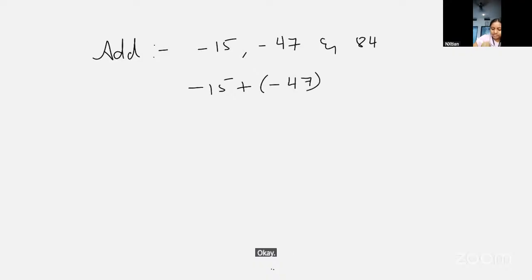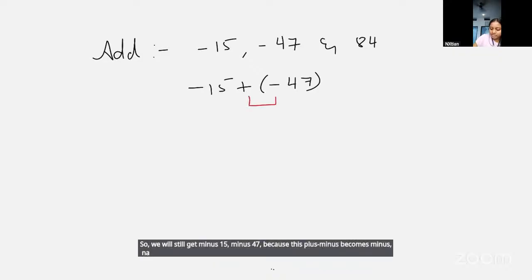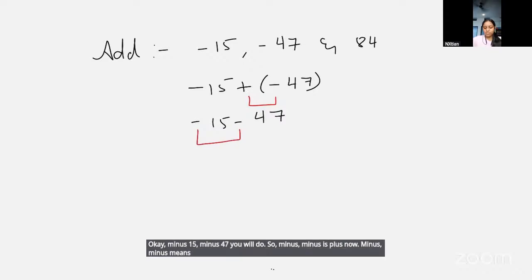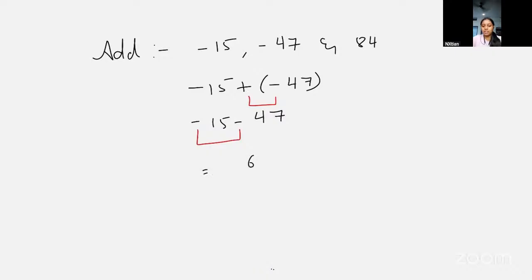So we will still get minus 15 minus 47 because this plus minus becomes minus. Okay, minus 15 minus 47 we will do. So minus minus is plus now. Minus minus means add. So add we will do. So 15 plus 47, how much? 62, yes, 62.